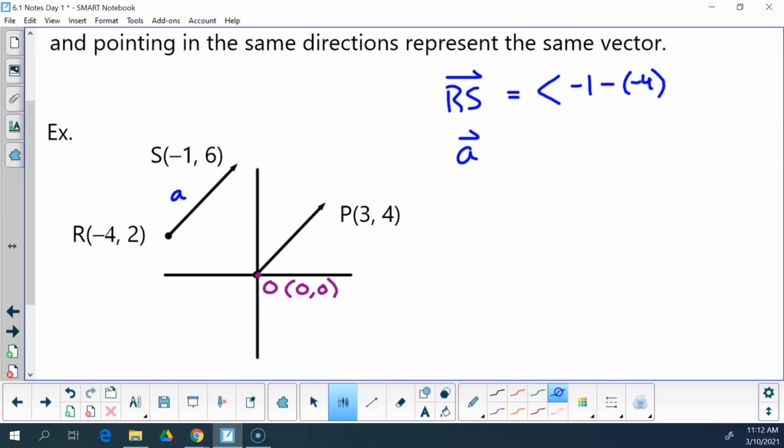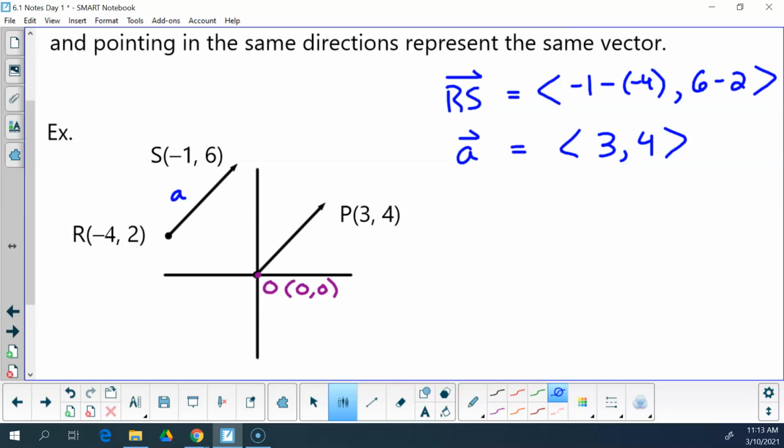So that's like the x part. I would take heads x minus tails x. And then I would do the y, the vertical part, 6 minus 2. So that's going to give me the vector 3, 4.